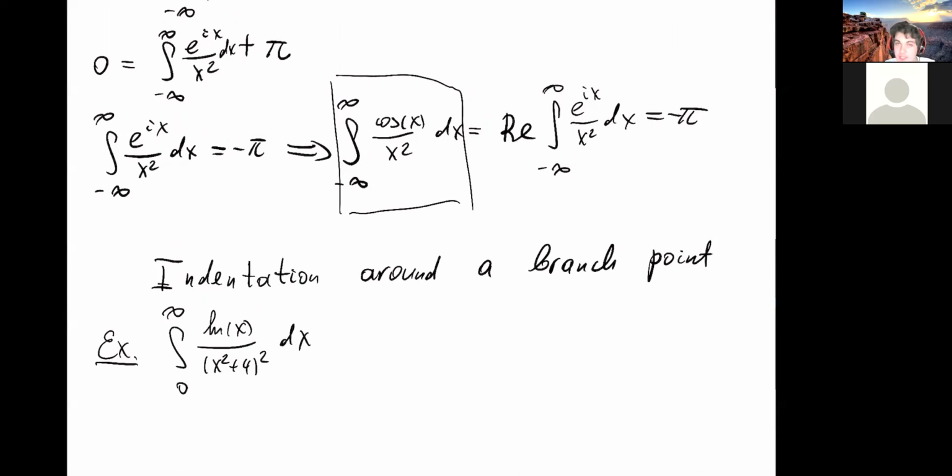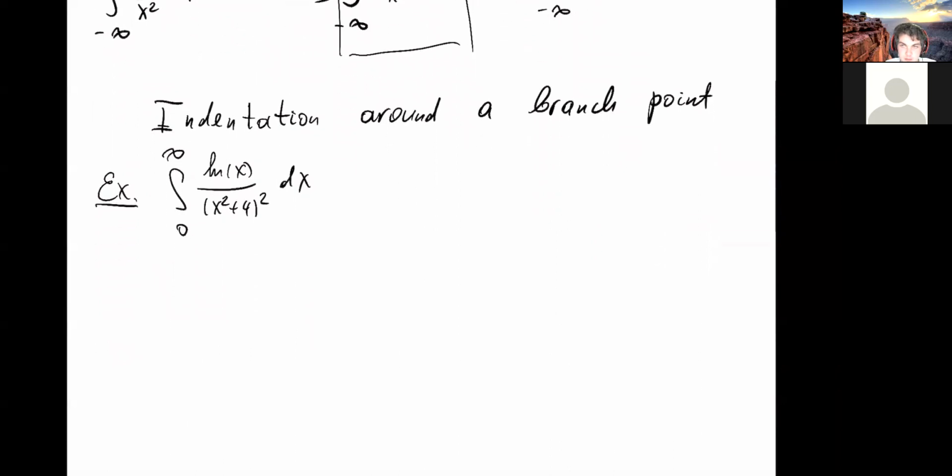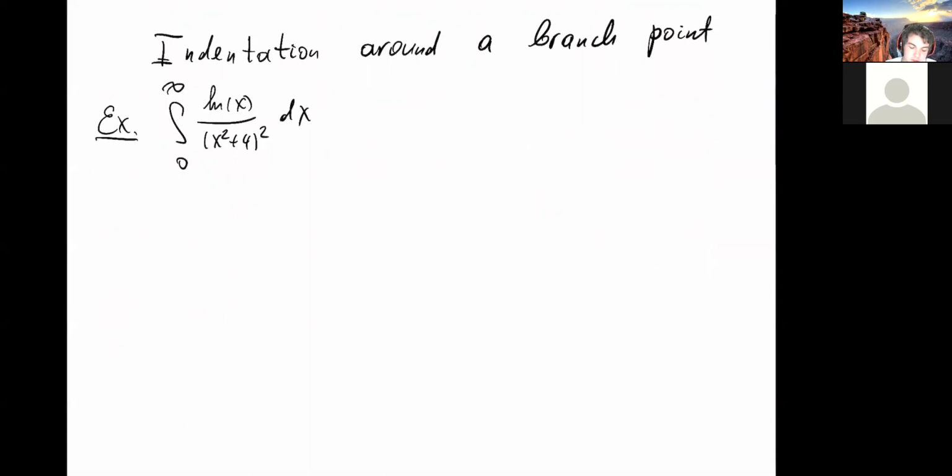We did this a couple of times. When we integrate from 0 to plus infinity, and then we say that our function is even, and so this is just 1/2 times the integral from minus to plus infinity. Well, this is what the book really likes. And I was trying to avoid this step just because the step doesn't have anything to do with complex analysis. But here, unfortunately, we must integrate from 0 to infinity.